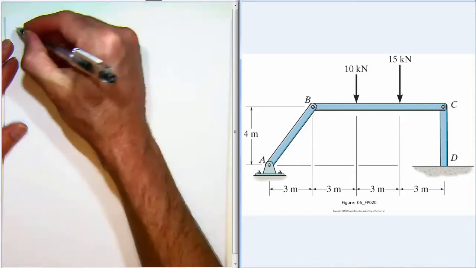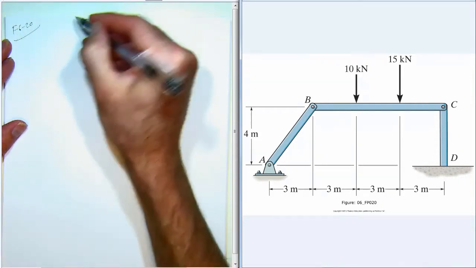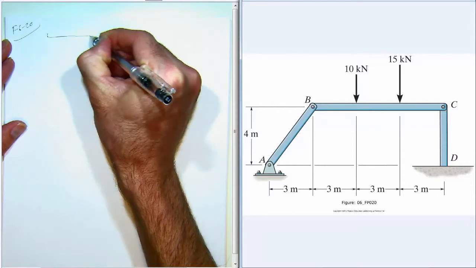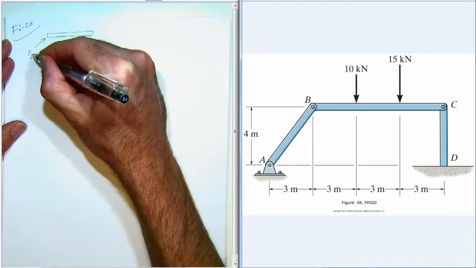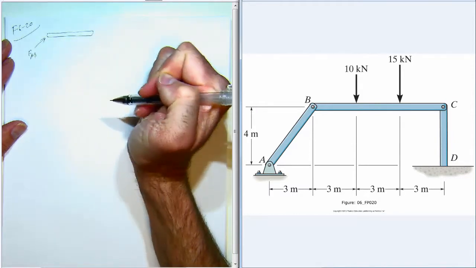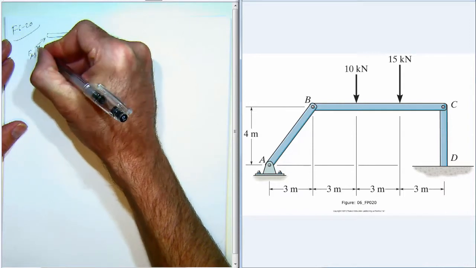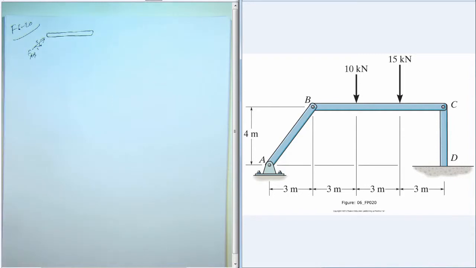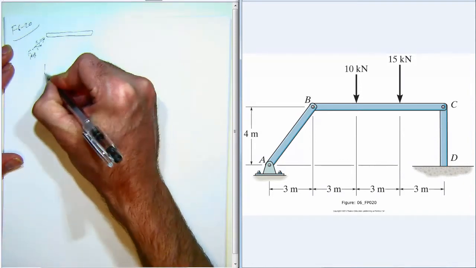So we'll just draw those for BC and CD. So here's BC. We've got FAB. We know its direction. It's a 3, 4, 5 triangle, the X and Y components. Let me draw this bigger.